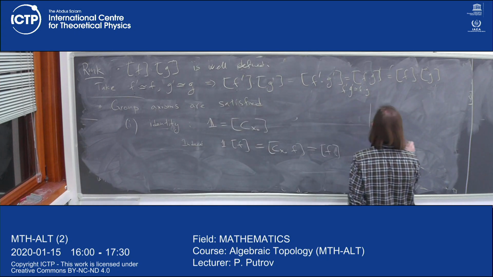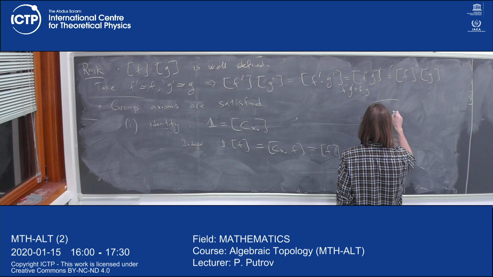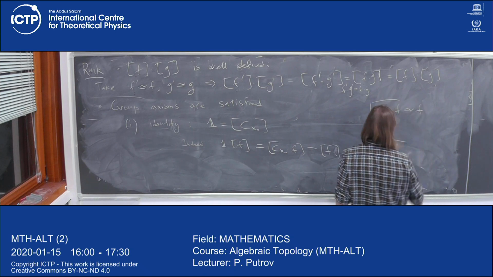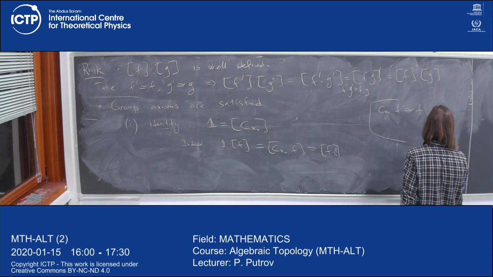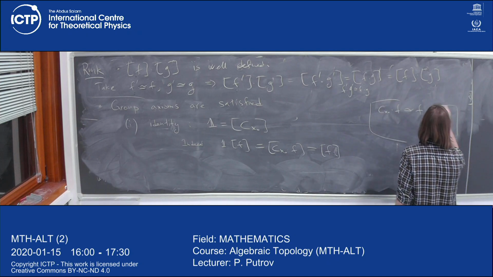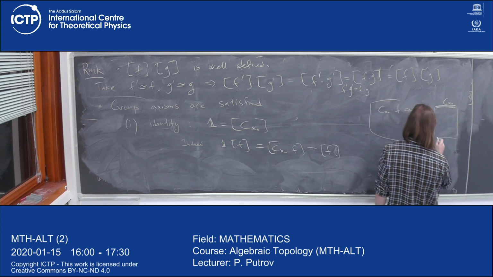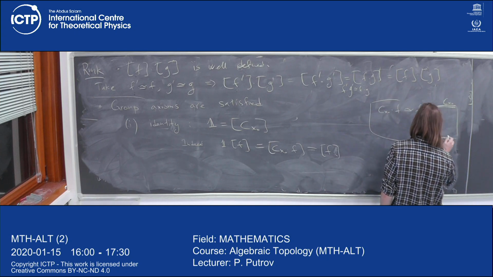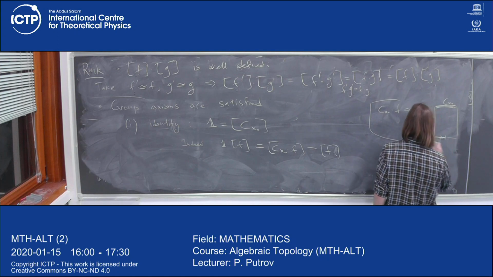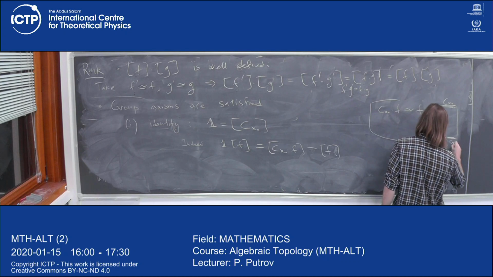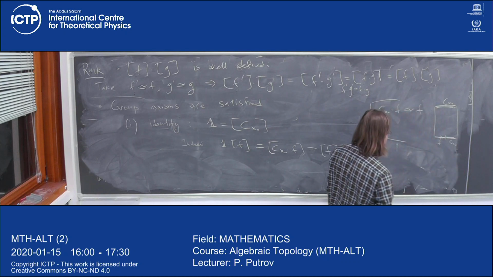It's obvious that the composition of a constant path with path f is homotopic to f itself, right? It's trivial to construct the homotopy, so we have a path f at the bottom here, and a composition of f and a constant map.